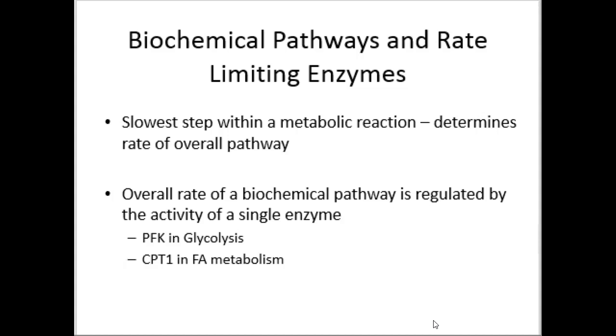And similarly, we talk about CPT1 being the rate-limiting enzyme in fatty acid metabolism. So the ability of CPT1 to get our free fatty acids into our mitochondria is going to determine the rate of how fast fatty acid metabolism is going to occur.